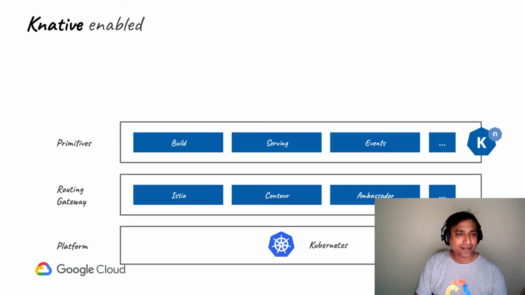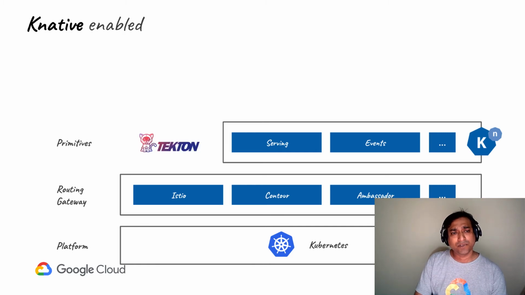The next layer is really the Knative layer. We also call it primitives or the core. It basically had three different subcomponents: build, serving, and eventing. Build has now matured and is no longer part of the Knative framework. It's a separate project altogether, called Tekton. That tries to solve the problem of doing CI/CD in a cloud-native environment in a consistent manner.